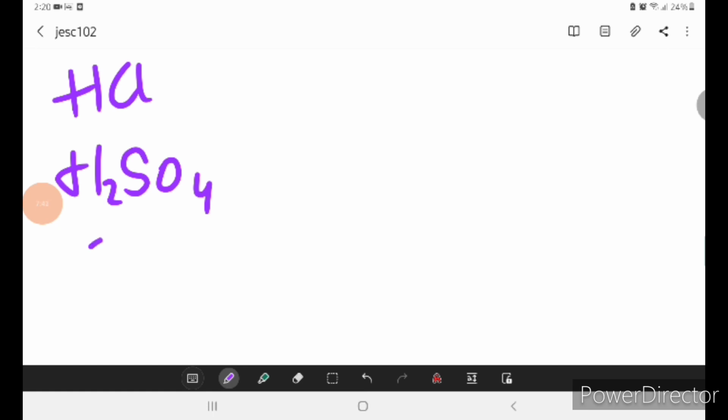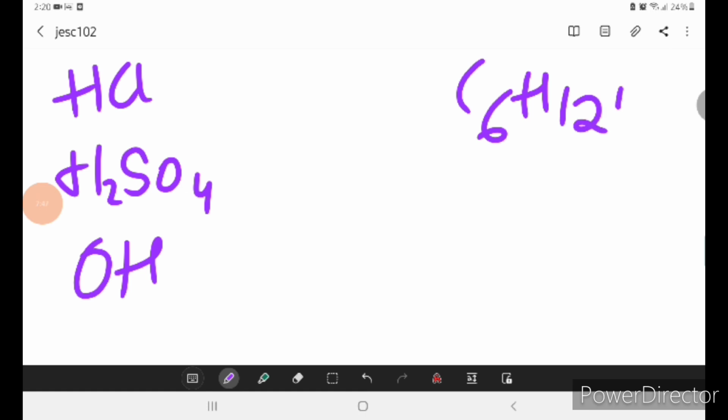Later we have chosen alcohol and also glucose, C6H12O6. If you observe, the bulb glows only in the case of HCl and H2SO4, and the bulb doesn't glow in alcohol and C6H12O6. So from this you can conclude that HCl and H2SO4 are acidic solutions.